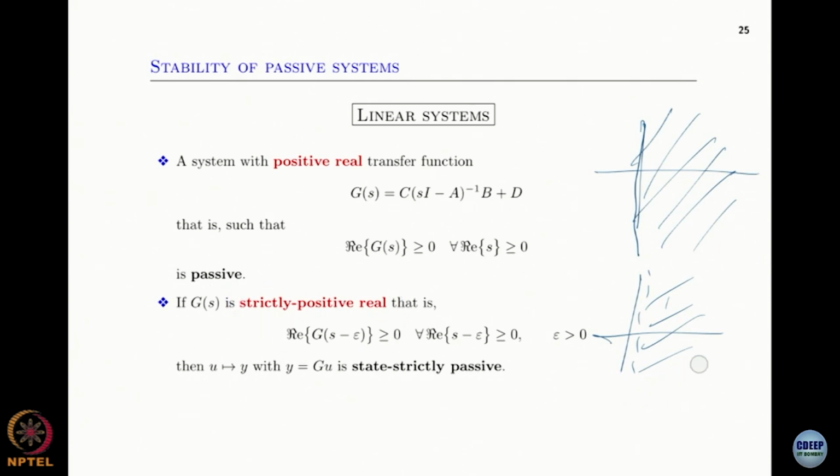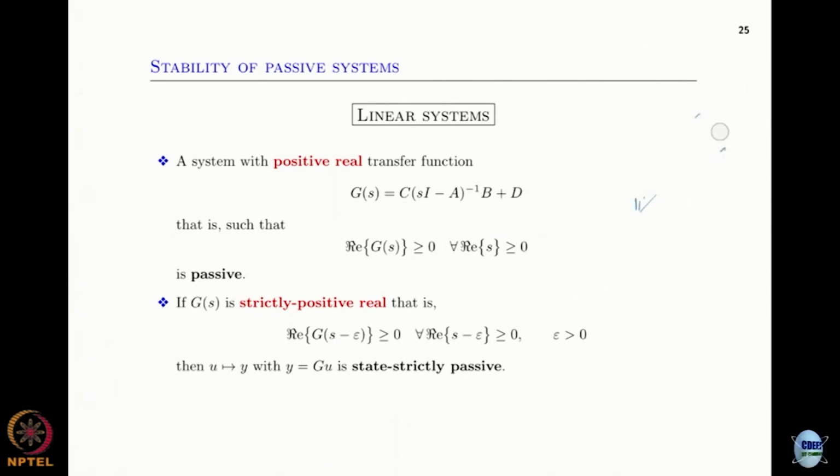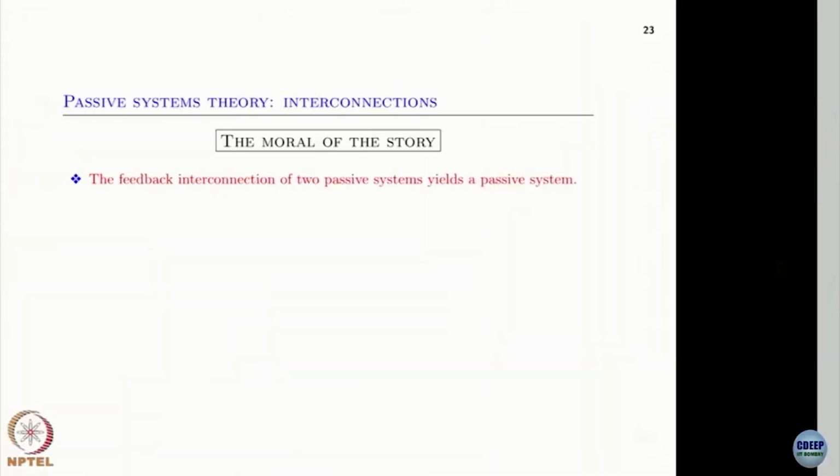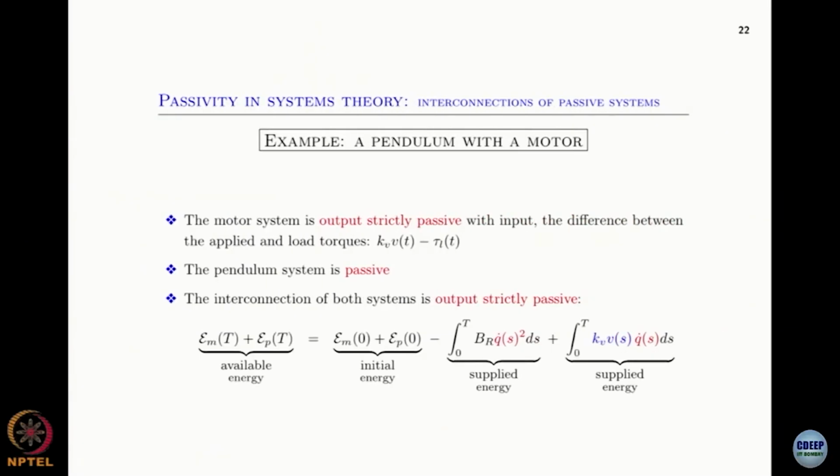It basically means that the system is strictly passive in the whole state. I didn't speak about state strict passivity, but you can just think of this as having, in the energy balance equation, instead of a Q dot, the whole state here, so X.